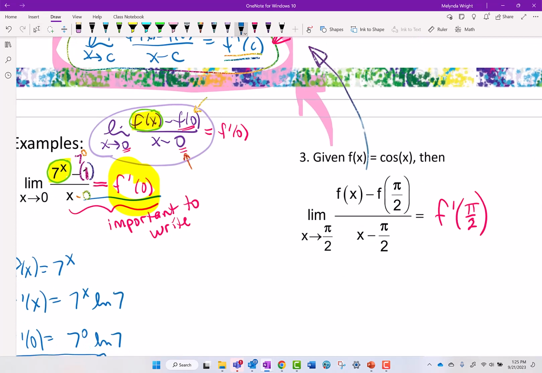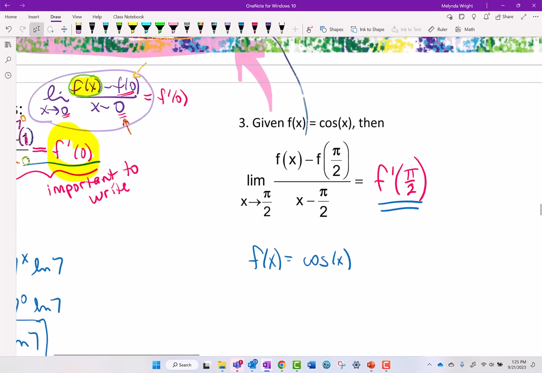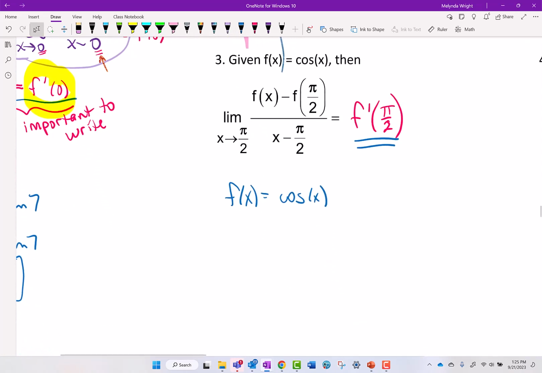All right, so I'm just going to pull out the function. We know f of x is cosine of x. Okay, I want to do that. And then I want to do what this says. I want to take the derivative and sub in a pi over 2. Why? Because that's easier. So we take the derivative, f prime of x. The derivative of cosine is negative sine.